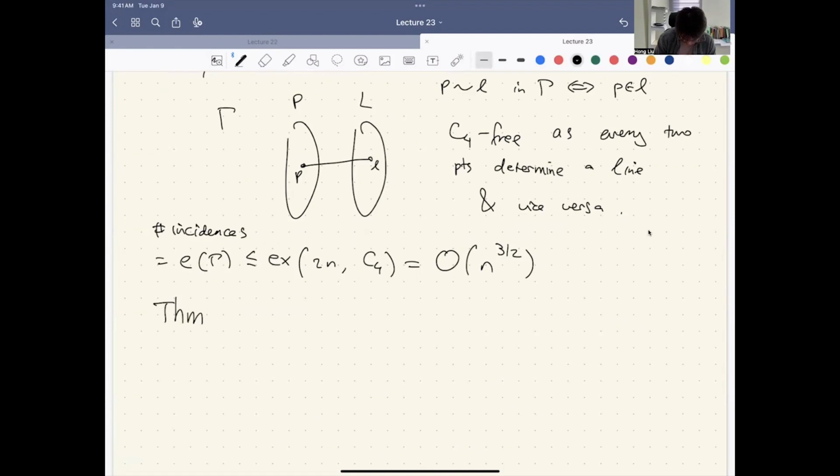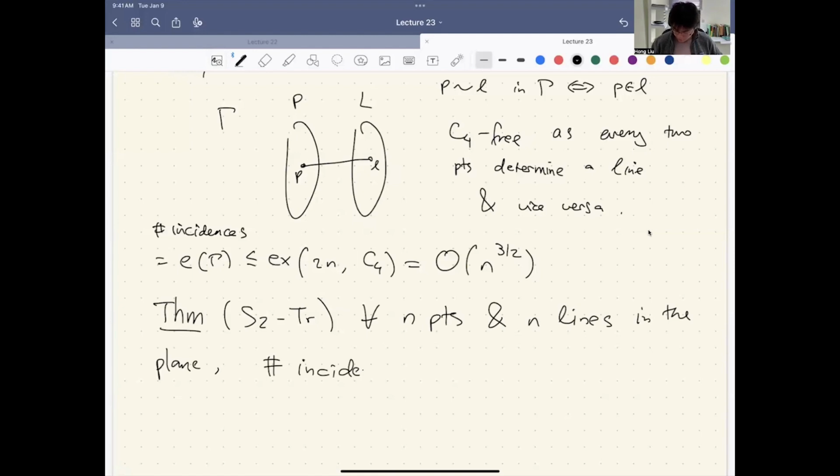So, Szemerédi–Trotter: for any n points and n lines in the plane, the number of incidences is at most 8n plus, oh wait, let me just write 10 n to the 4/3. Okay?